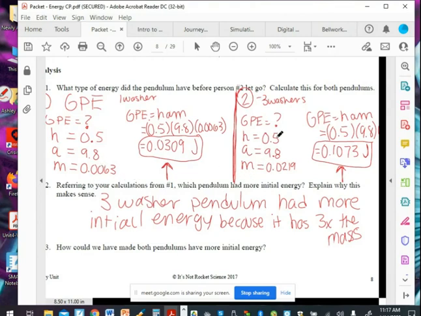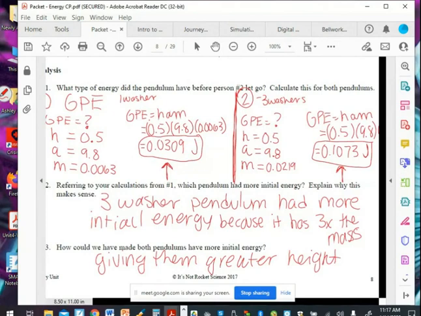The only other thing I could do, if I wanted to keep my masses the same, is increase my height. Any increase in your height is an increase in your h, which, anytime you multiply this by something bigger than 0.5, is going to make it higher. So you could have made both of these have higher initial energy by giving them greater heights, or increasing the heights.